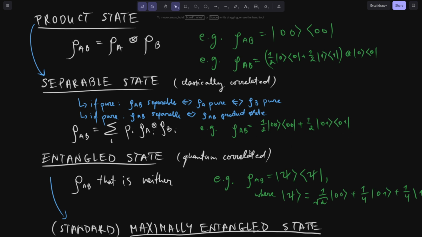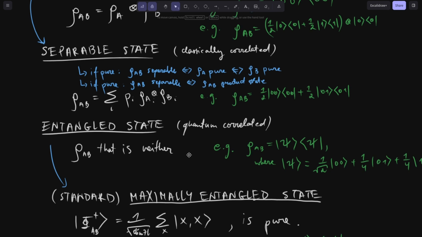So yeah, it's just a mixed state. So we just have probabilities and product states. So we can easily manipulate. If we have some kind of property on a product state, we can just apply it for a separable state that is not a product state just by linearity. We will see that later.